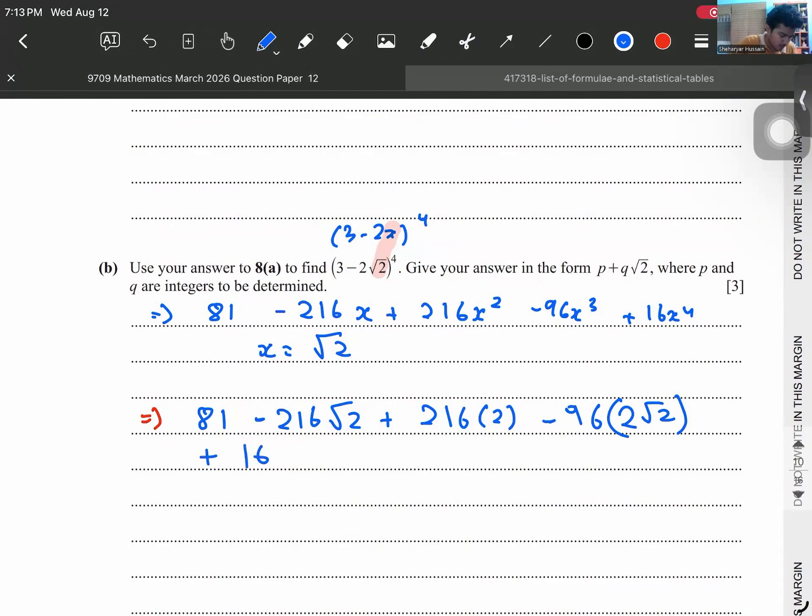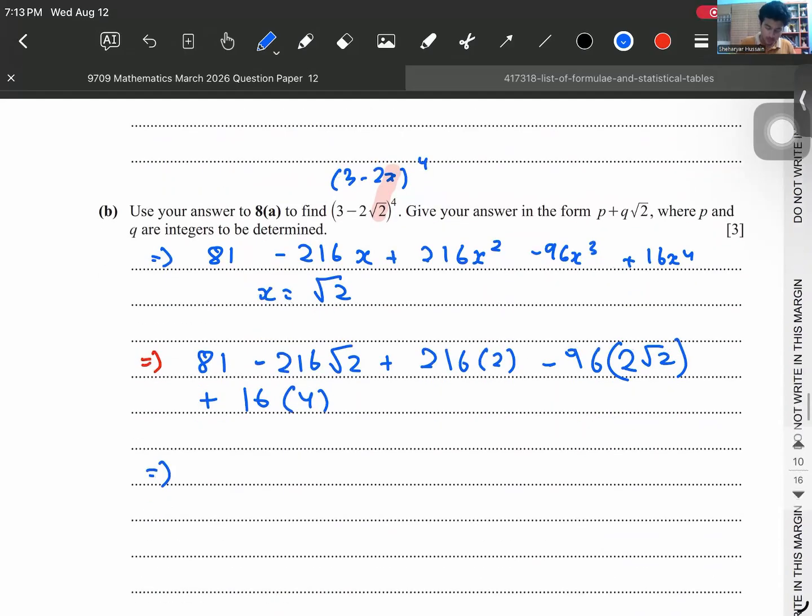Okay. Under root 2 to the power of 4 will give us just 4. Right. So solving this further, I'll just plug this into the calculator. This turns out to being 577 minus 408 under root 2.